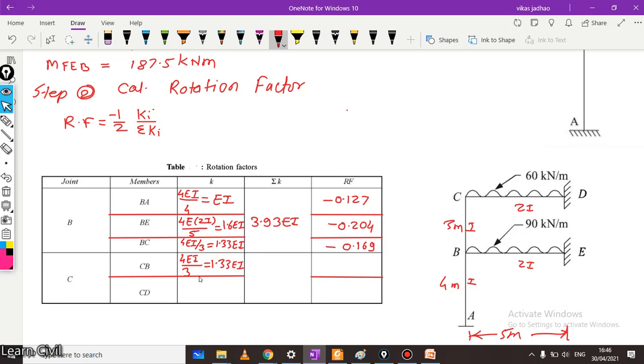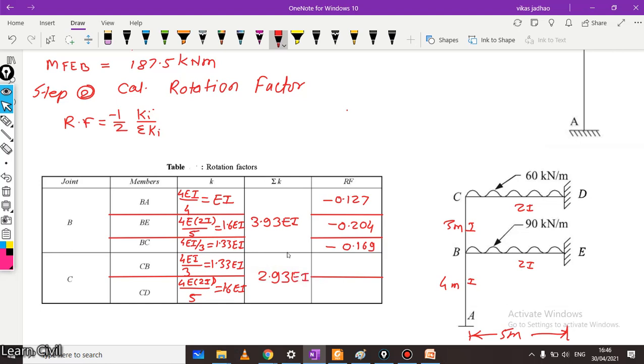Similarly, for CD, the span is 5 meters and the stiffness will be 4E into twice I divided by 5 meters, so this will be equal to 1.6 EI.